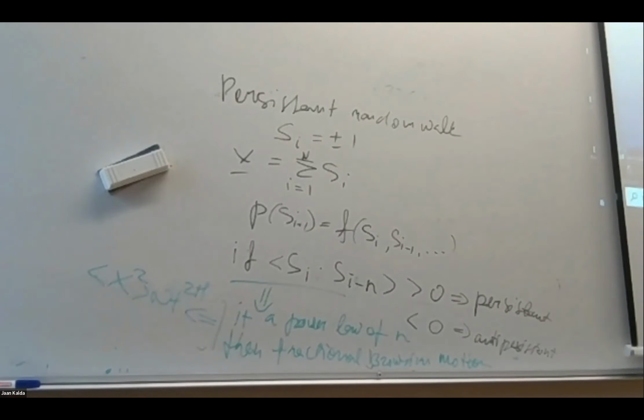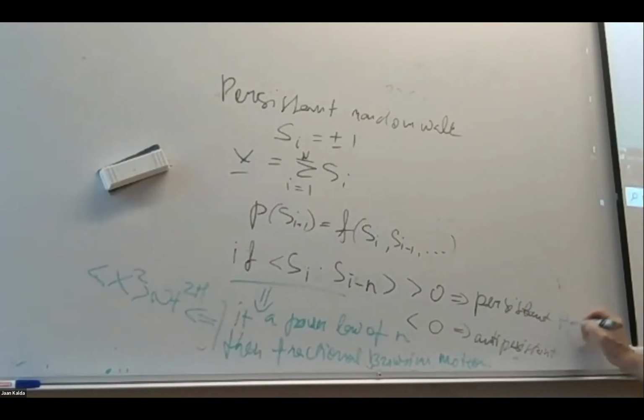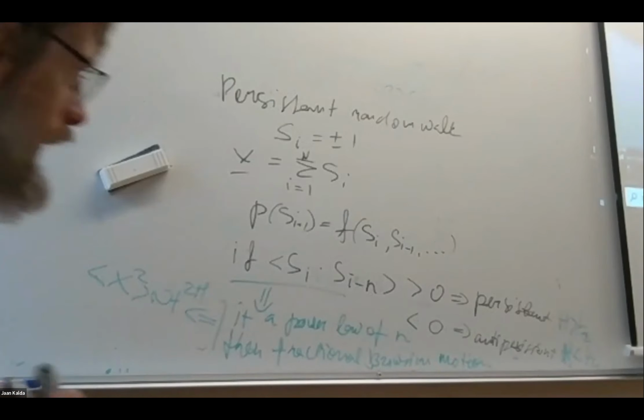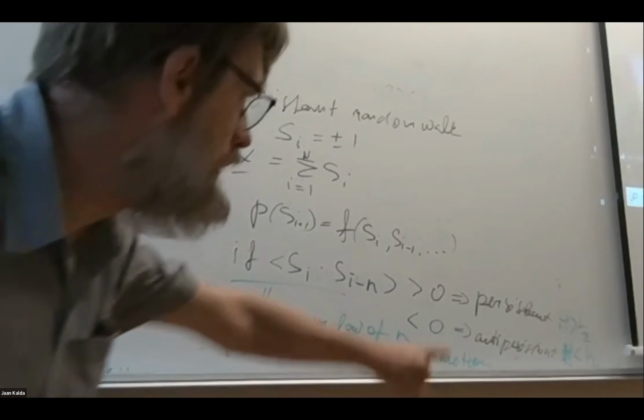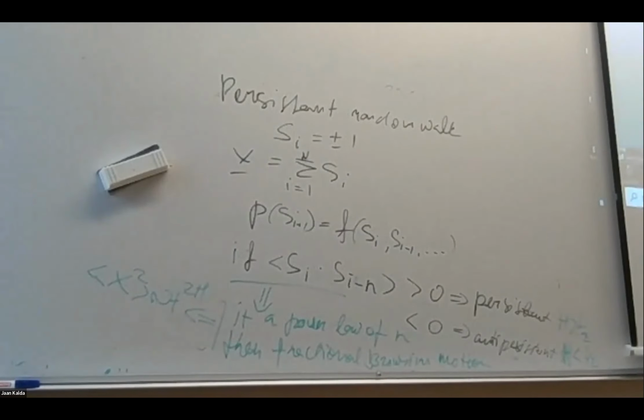If it's anti-persistent, h is smaller than 1/2. Recall this is superdiffusion and this is subdiffusion. So fractional Brownian motion itself can be both superdiffusion and subdiffusion.